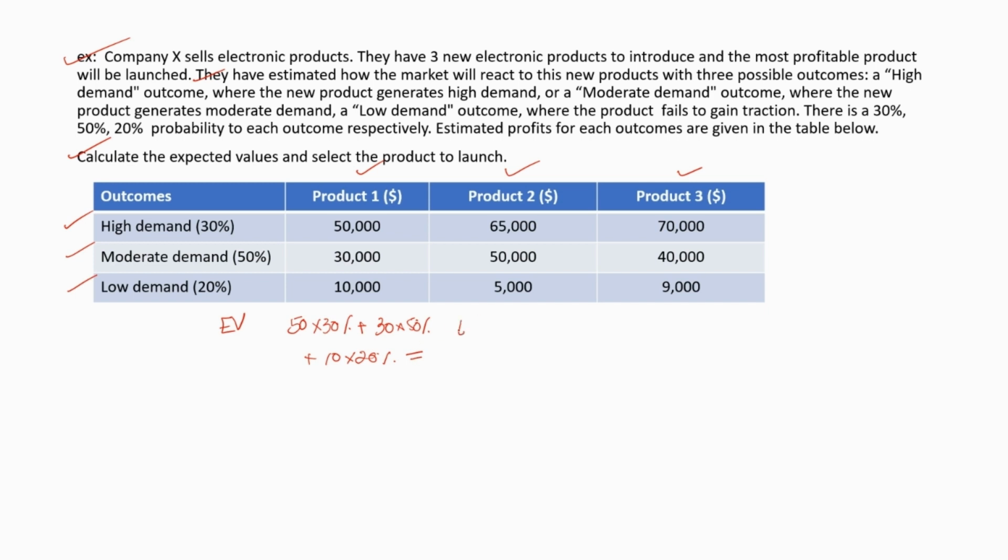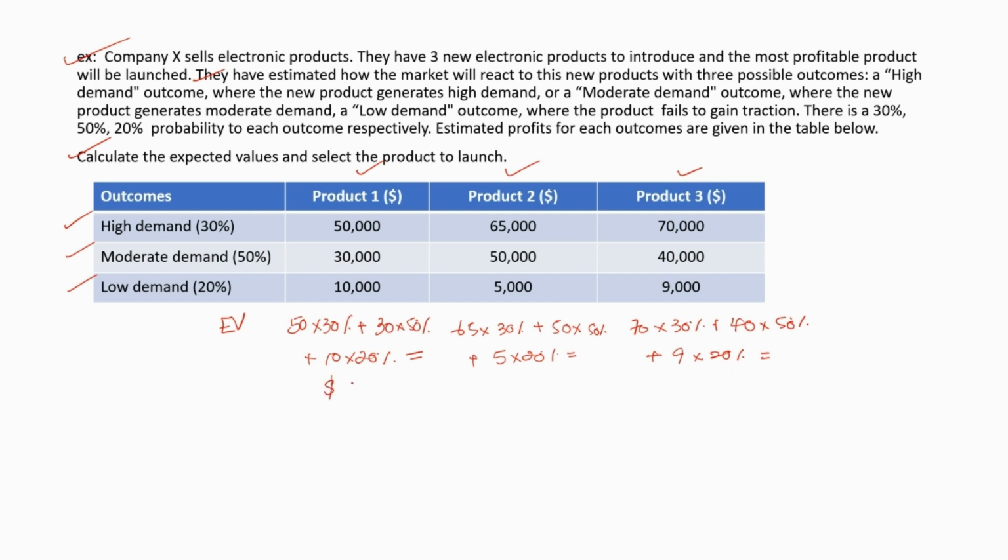For product 2, 65,000 multiplied by 30% plus 50,000 multiplied by 50% plus 5,000 multiplied by 20%. This calculation will give us the expected value for product 2. For product 3, 70,000 multiplied by 30% plus 40,000 multiplied by 50% plus 9,000 multiplied by 20%. So finally, this calculation will give us the expected value for product 3.